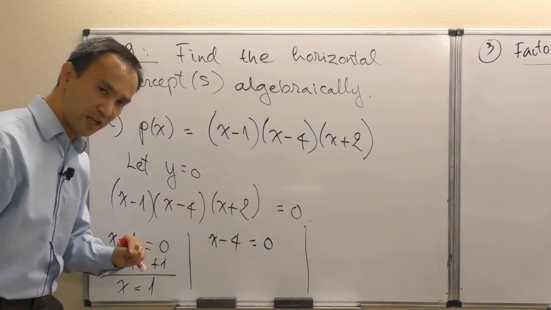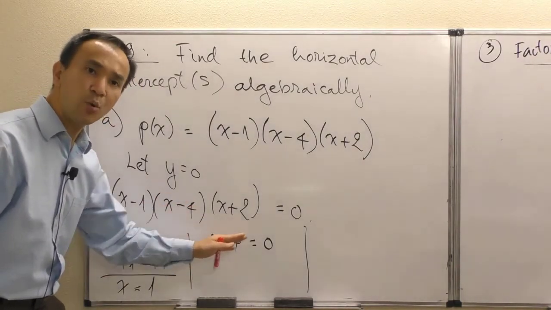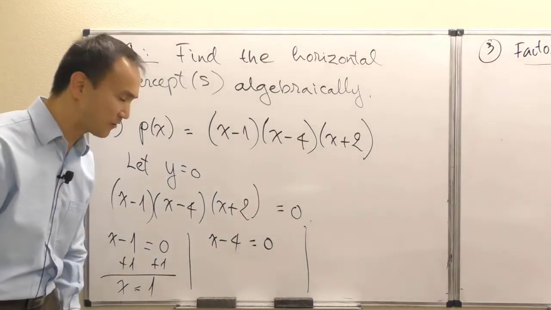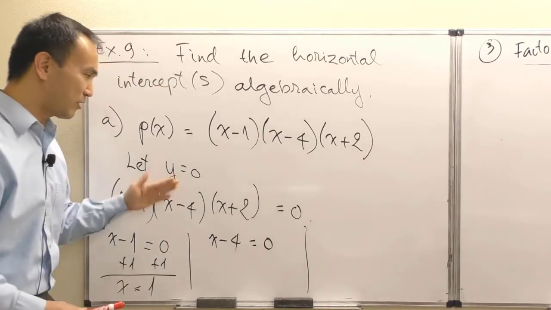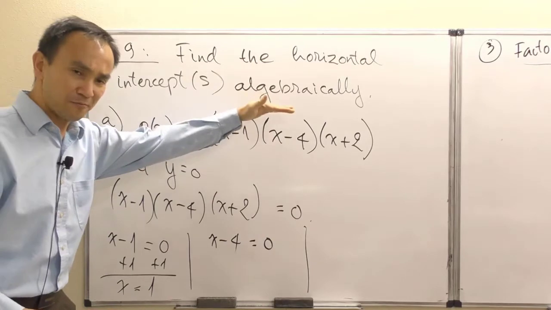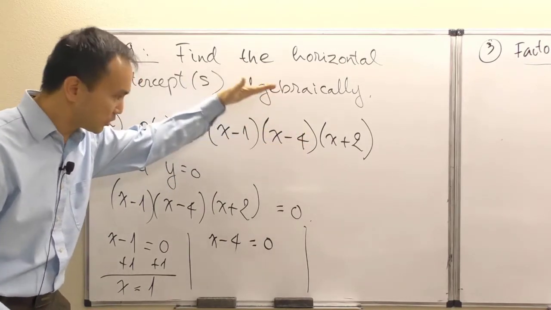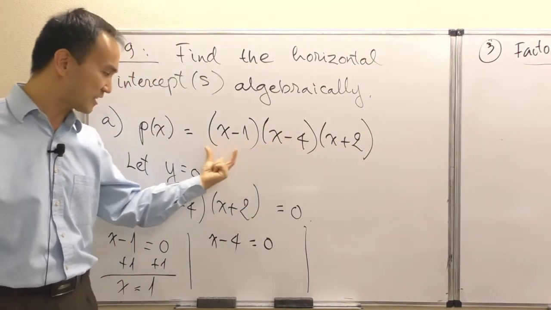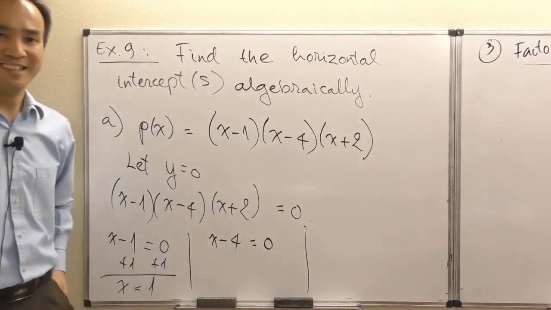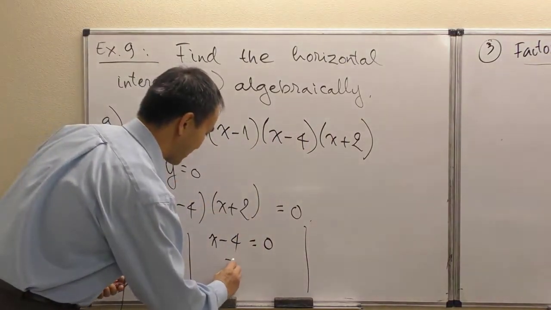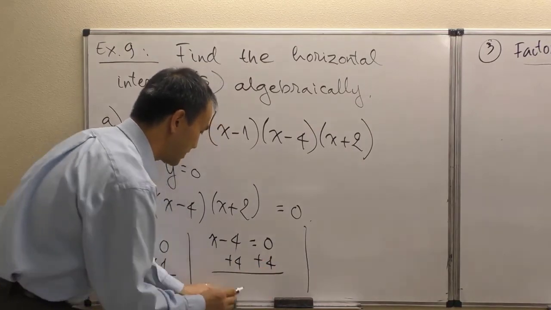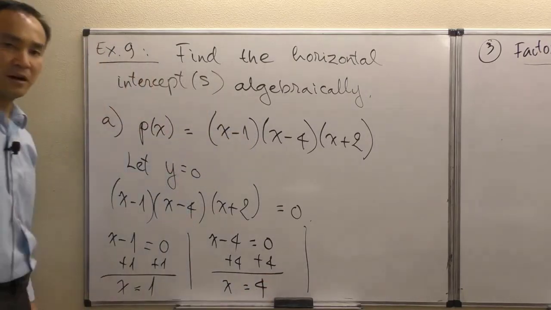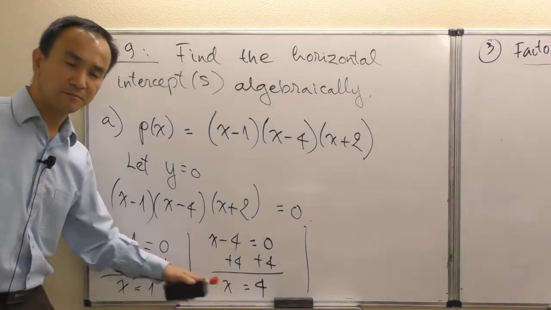That's why we had example 7 earlier, to review your skill on solving these very basic equations. Anytime we have broken our polynomial into a factor product containing all these linear factors, we can just take each factor and set it equal to 0. Now add 4 to both sides, and that leads me to x equals 4. So we found another horizontal intercept.